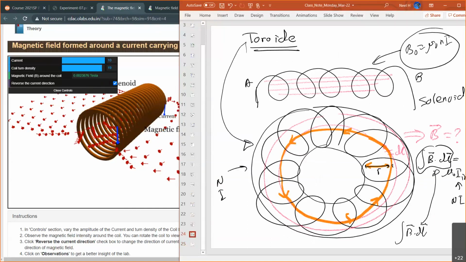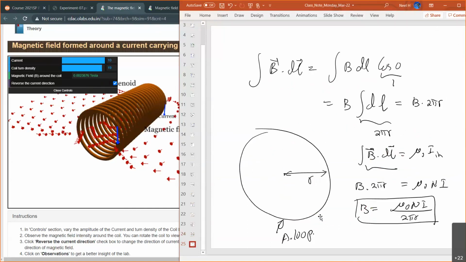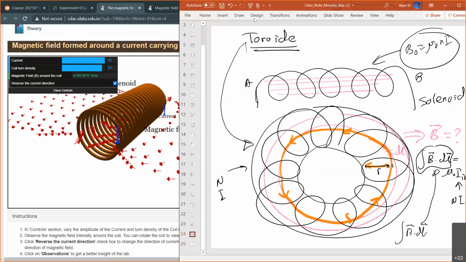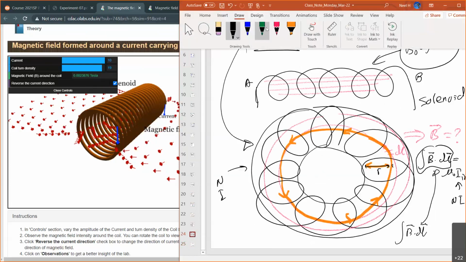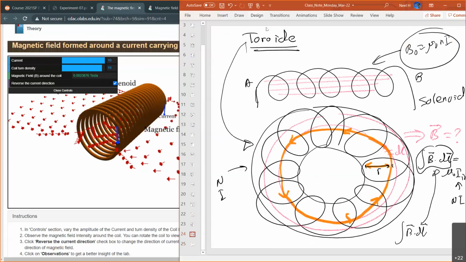So now you can see for the toroid, depending on which position inside you're talking about, the magnetic field actually has different numbers, okay? Because the magnetic field can vary from this point all the way to the end point, because you have an inner radius and an outer radius, okay?